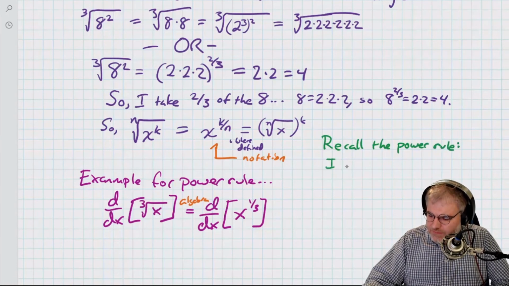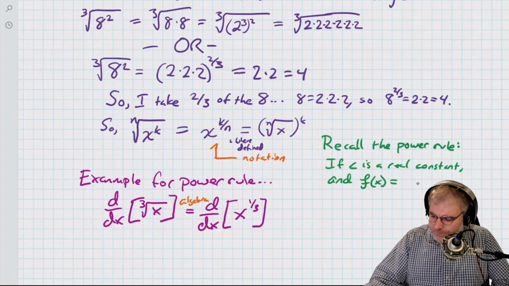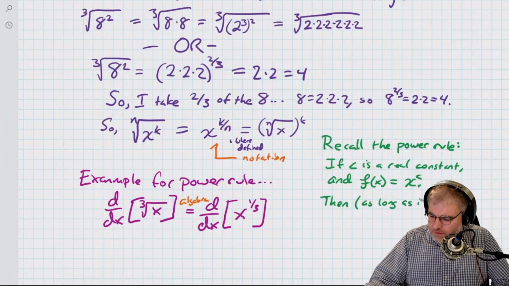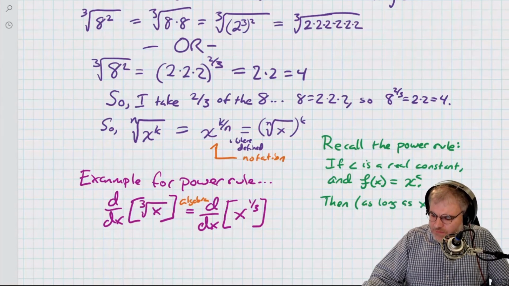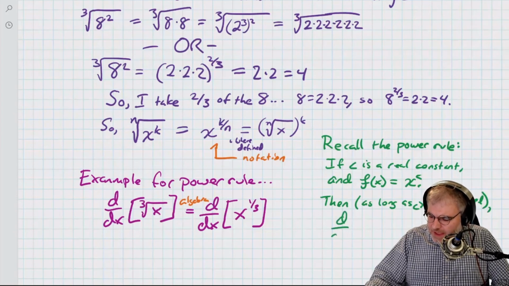Okay? If c is a real constant, and f of x equals x to the c, then as long as x to the c minus 1 is defined, and there are places where it's not, d over dx of x to the c equals c x to the c minus 1.